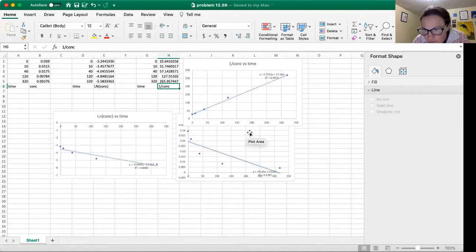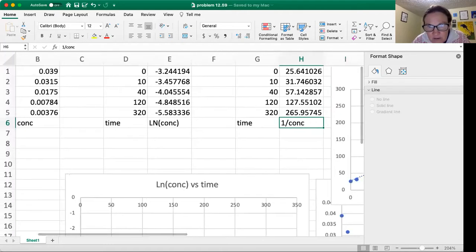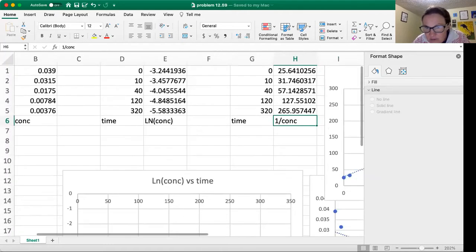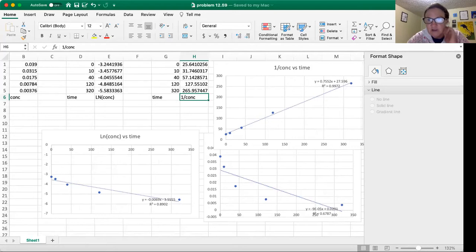Let me make this a little bigger for you. Too big, sorry. There we go. So you notice that when I graphed 1 over concentration versus time, the R squared is closest to 1. So that tells me it's a second order reaction. And the rate constant is the slope of that line, so it's 0.7552.